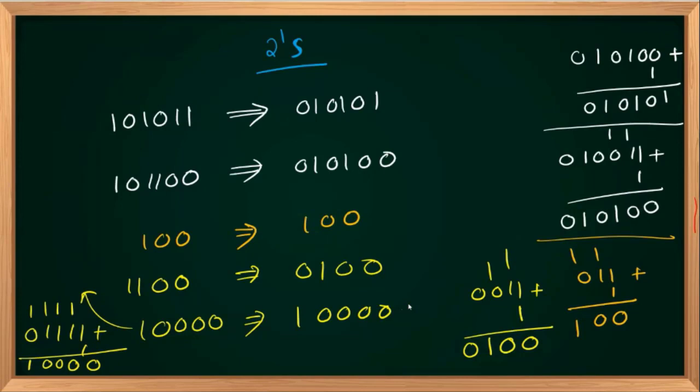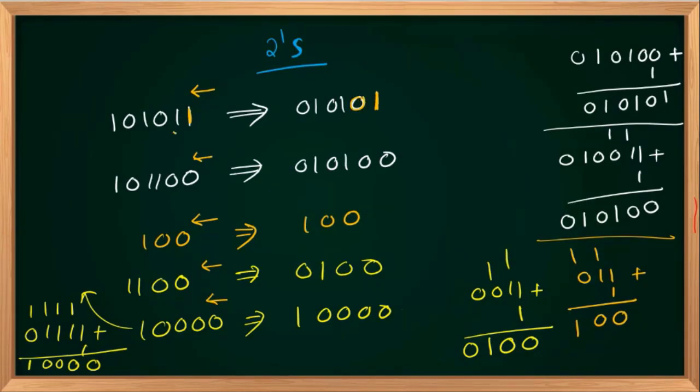So to identify 2's complement, we have a simple shortcut, right? Observe the given number. You travel from right to left. You repeat the number until you're observing a 1. So first here I am observing a 1, so I'm repeating up to that. Then you should complement individual digits.